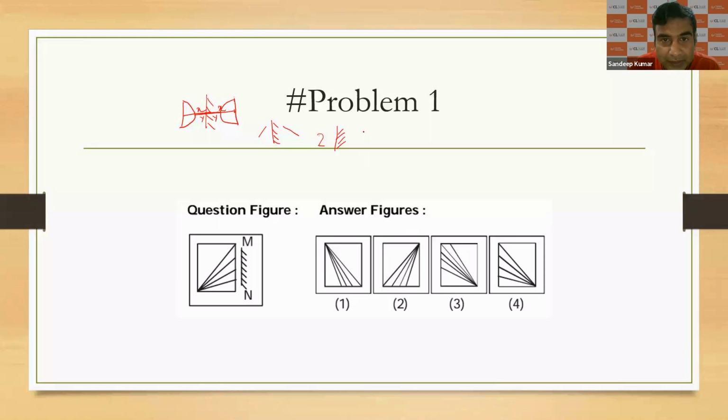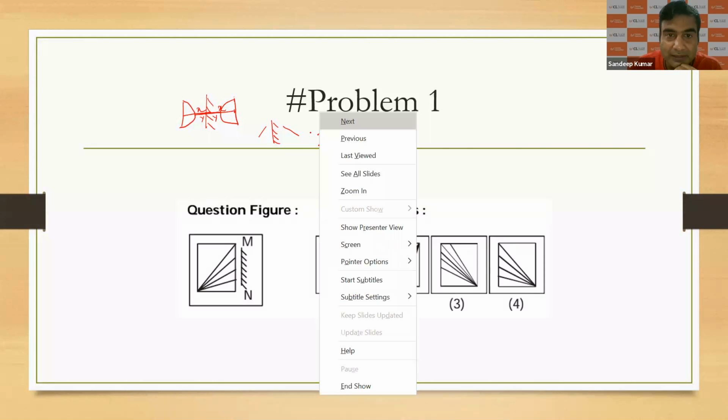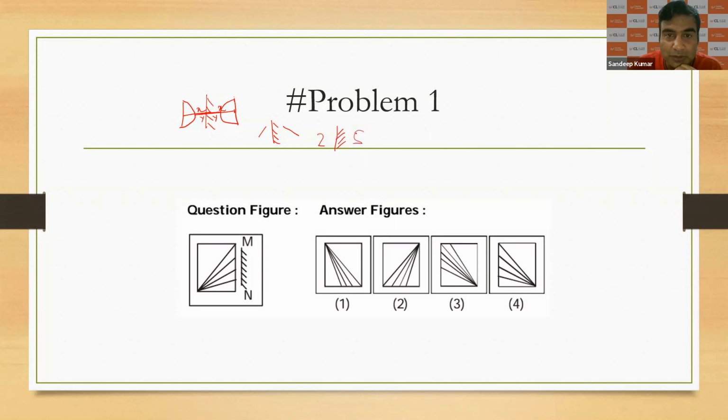So we have one point here, and we would draw a 2 something like this. This point corresponds to this point, and this corresponds to this. We just need to see distances. Let's say x1, x2, here also x2, and this point x1. So whenever we are solving these questions, what we need to keep in mind is that the distance in front of the mirror is the distance behind the mirror.